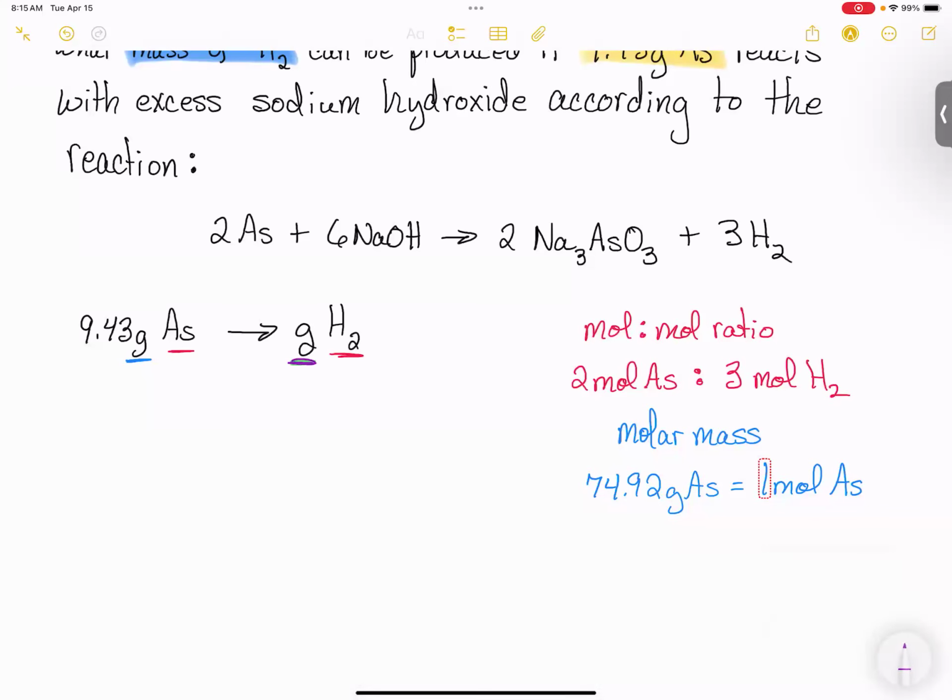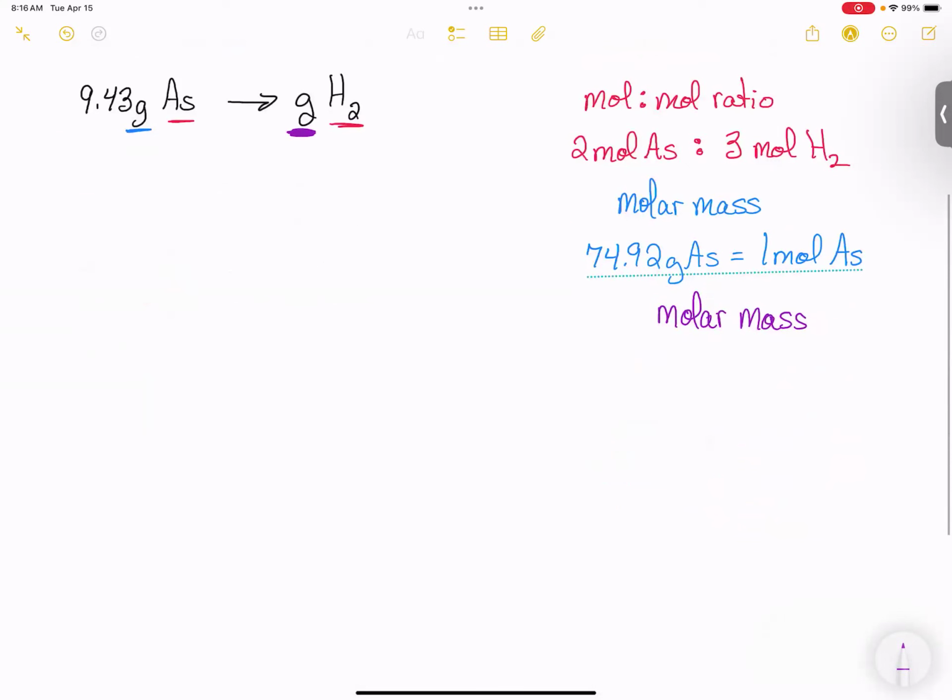Again, anytime I see grams, it means I need the molar mass. I have 2 hydrogens, H2, times 1.01, or in other words, the molar mass is 2.02. That's 2.02 grams of hydrogen is equal to 1 mole of hydrogen.